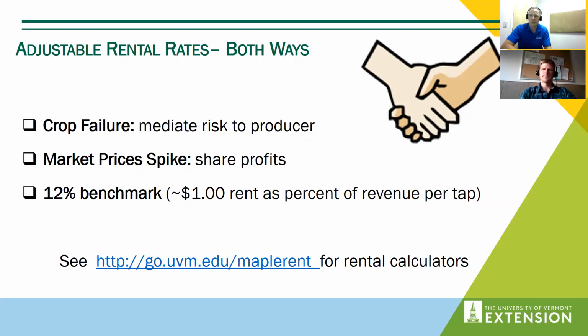We get this 12% benchmark. And that becomes your calculation point if you want to start dealing with crop failure or market spikes. You can start to play with that percentage of gross revenue. You could have a rental rate that's higher by moving up to 15 or 20%. And you could bring it down if you wanted to do some discounting or some risk management to maybe 8 or 5%.